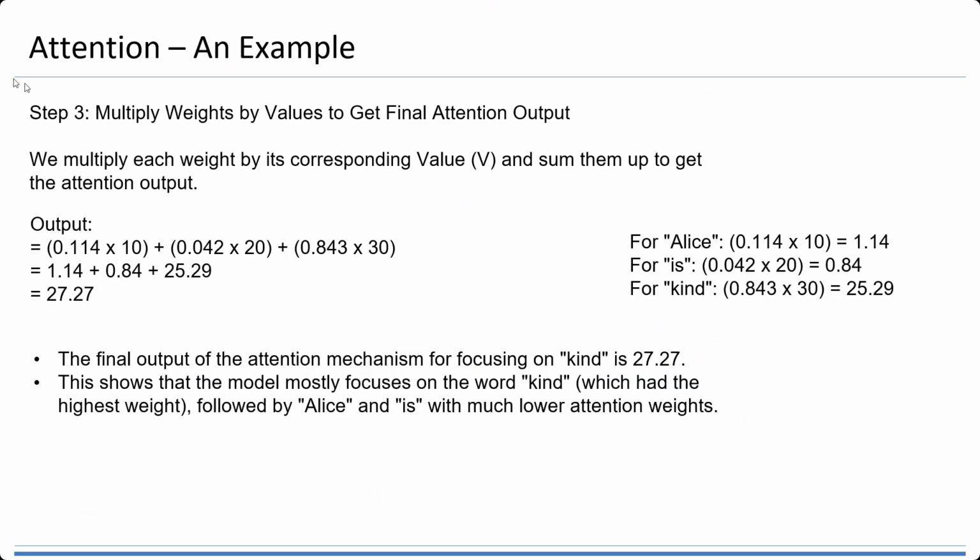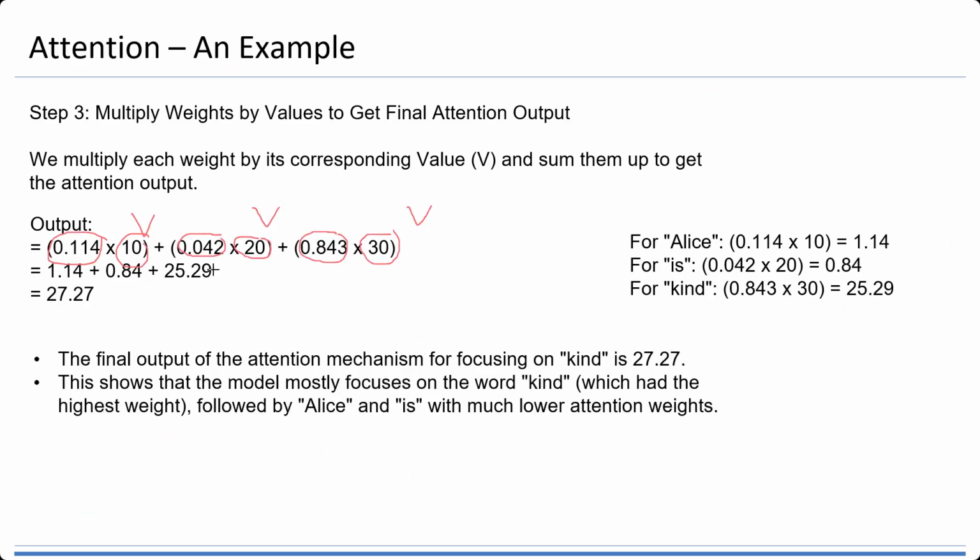So the last one, we want to get the output, the attention output. The attention output will be based on the softmax value multiplied by the V. This is the softmax value multiplied by the V for Alice, this is the softmax value multiplied by the V of is, and this is the softmax value multiplied by the V of kind.